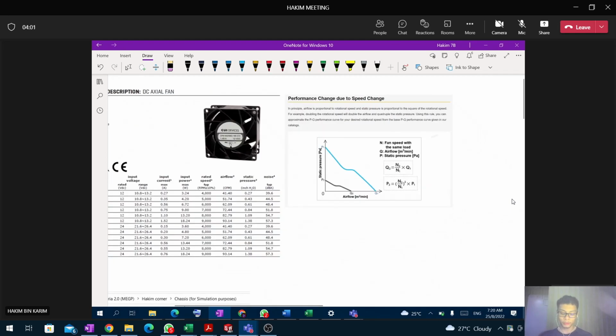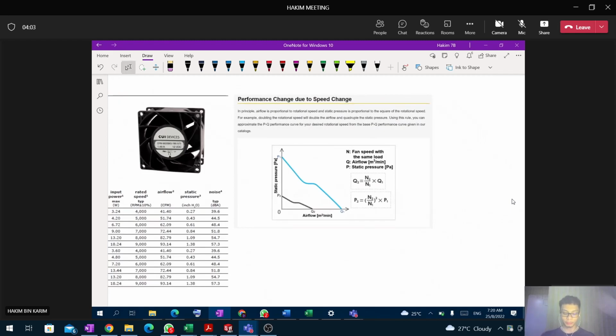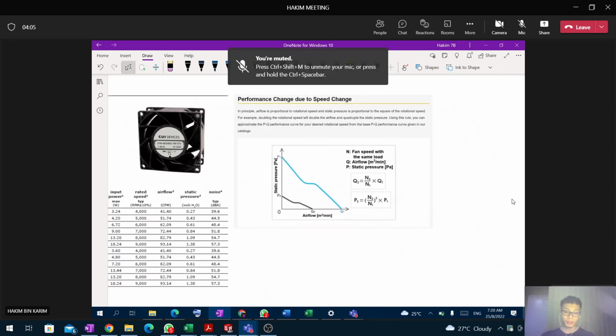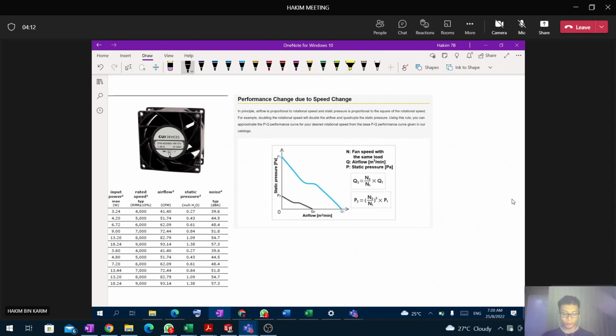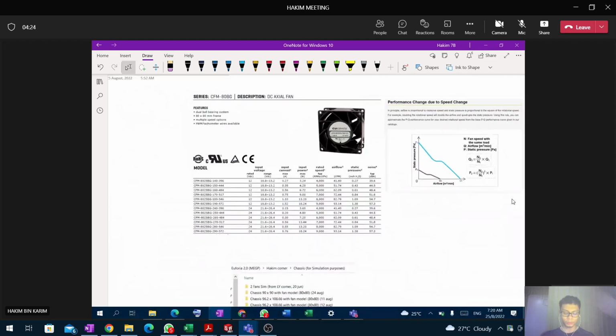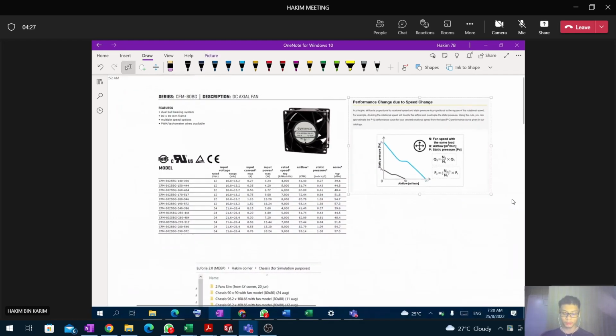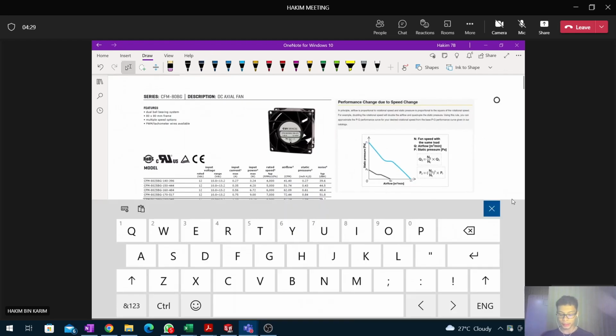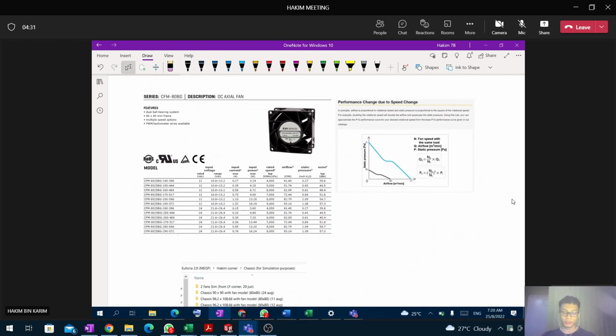What I said a few days ago, if you watched, was about static pressure, pressure drop, airflow, and this static pressure versus airflow graph, and why I said that our fans are not feasible for our ventilation system design. Today I want to elaborate more on this, and I can propose a solution. What is the best solution for our ventilation system design?